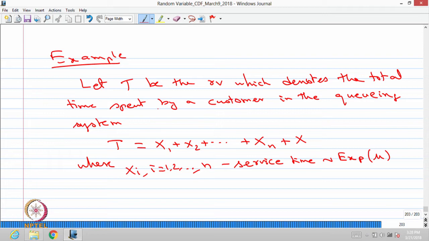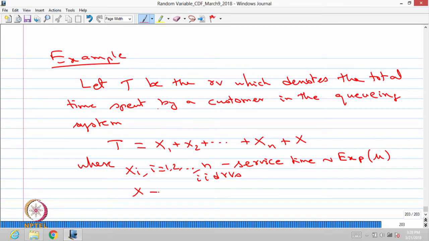I will repeat, the total time spent by a customer in the system can be represented as the sum of n random variables plus X, where each xi is an IID random variable with the common exponential distribution with the parameter mu, where xi denotes the service time of any customer, whereas the capital X is the service time of this particular customer, which is independent of all the previous service times.